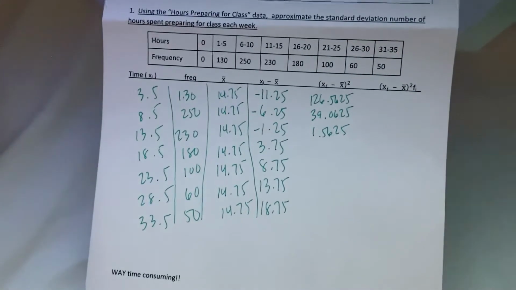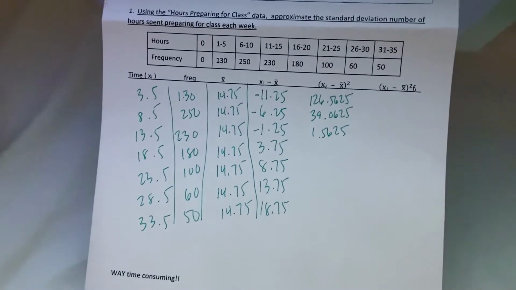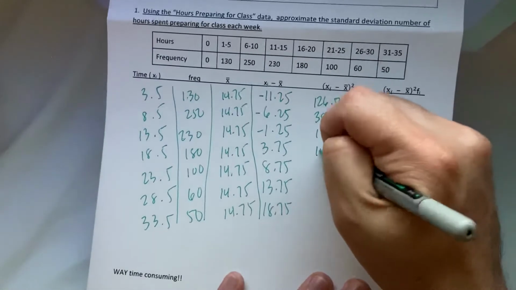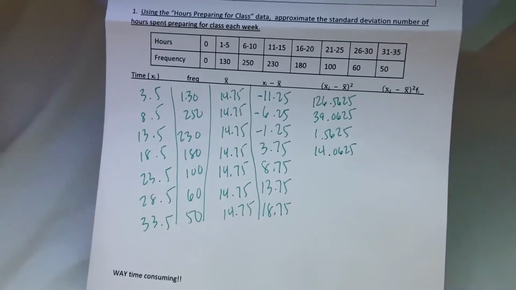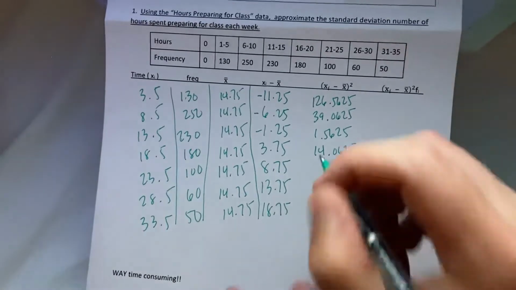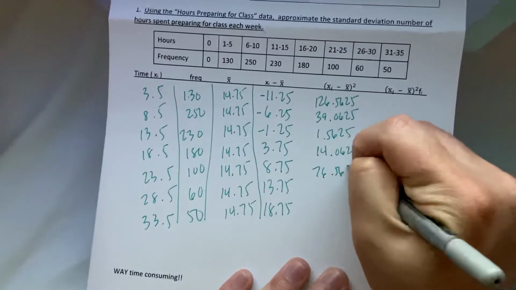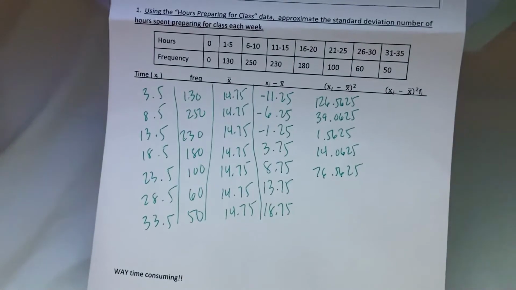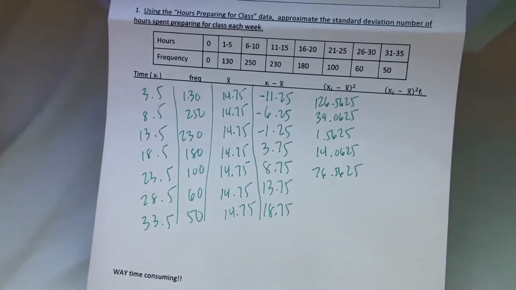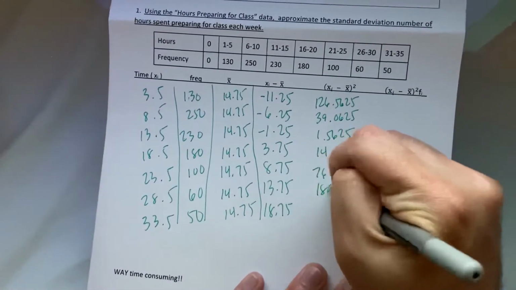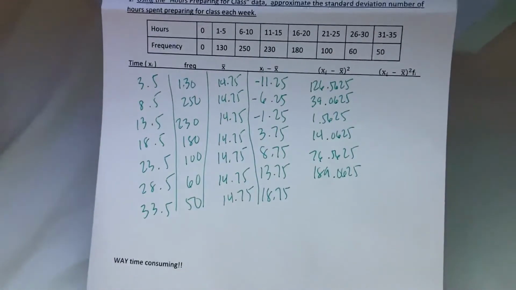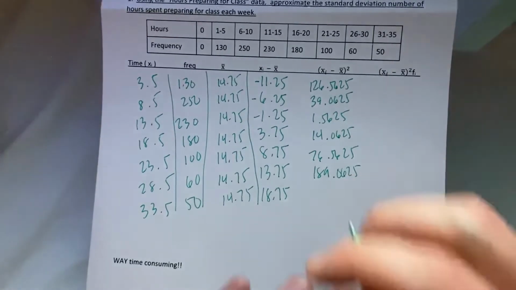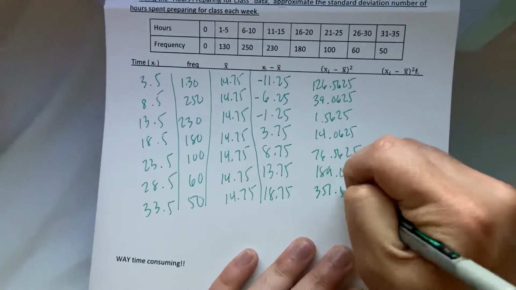Now we do it for 3.75: 14.0625. Do it for 8.75, on and on all the way down: 76.5625, 189.0625, and then finally 18.75: 351.5625.